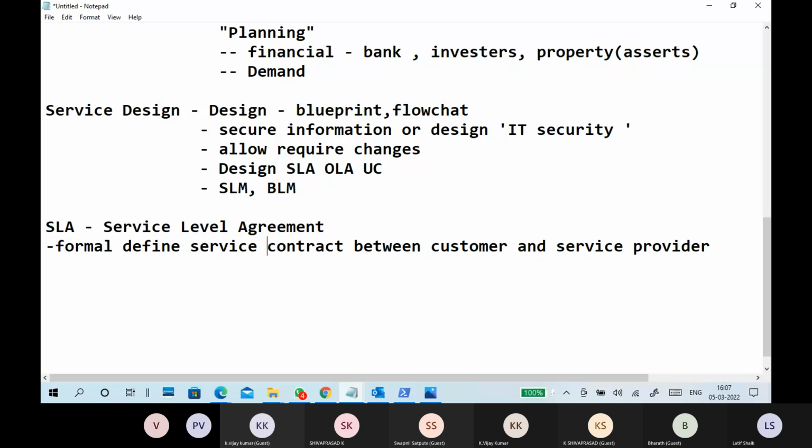Formally defined service contract between customer and a service provider.